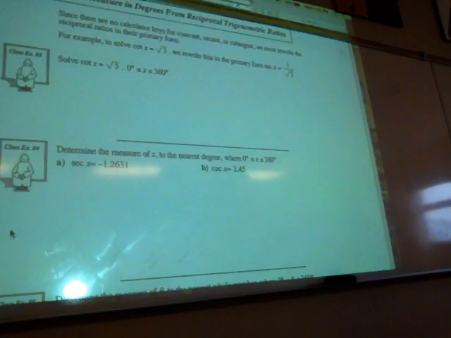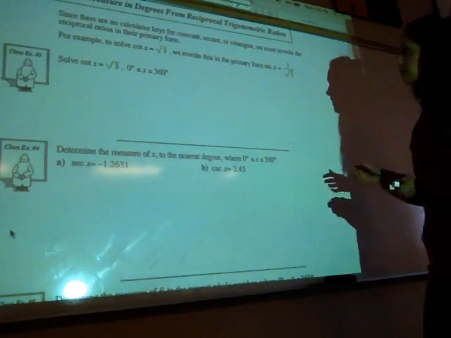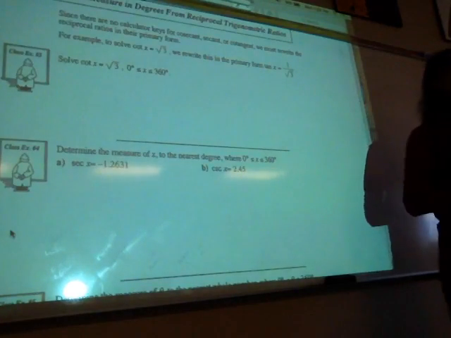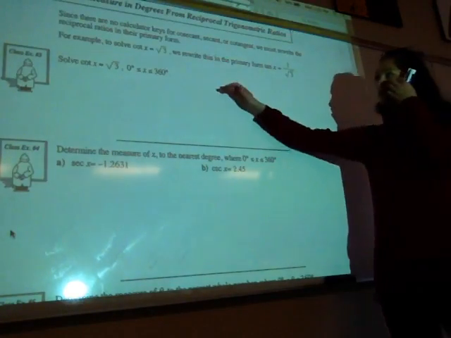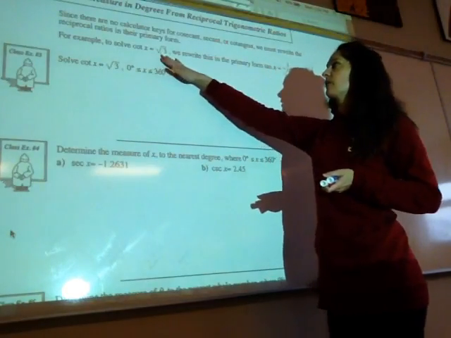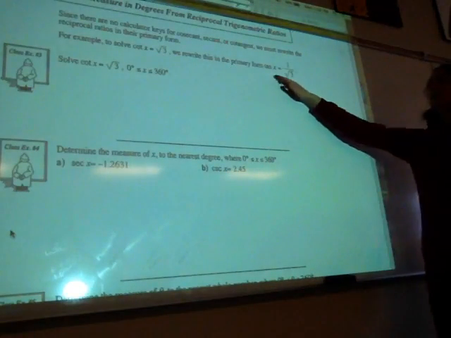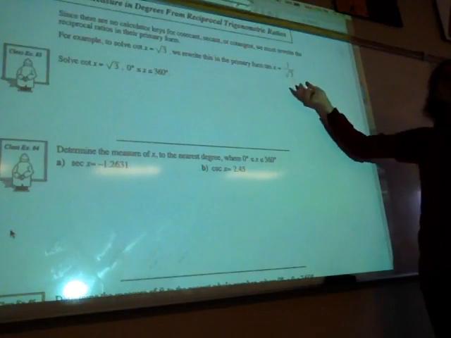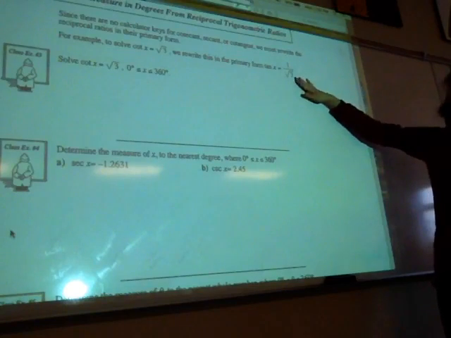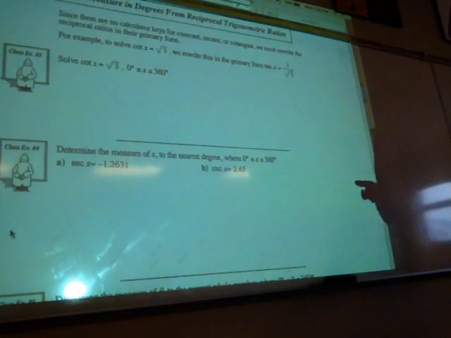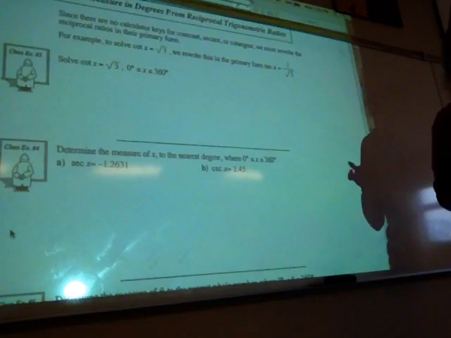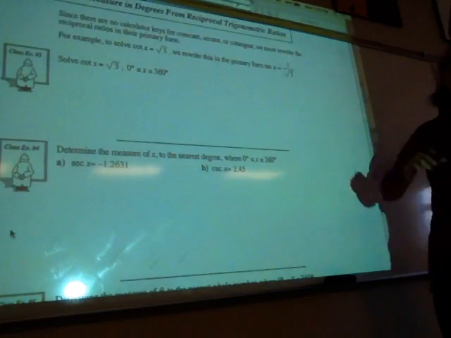No. So we have to change it to an operation that your calculator understands, and those operations are tan, sine, and cosine. So if we have cotangent x equals the square root of 3, we're going to rewrite it in the form tan x equals the reciprocal, 1 over root 3. Tan and cotangent are reciprocal functions, so the ratios would be reciprocals as well.